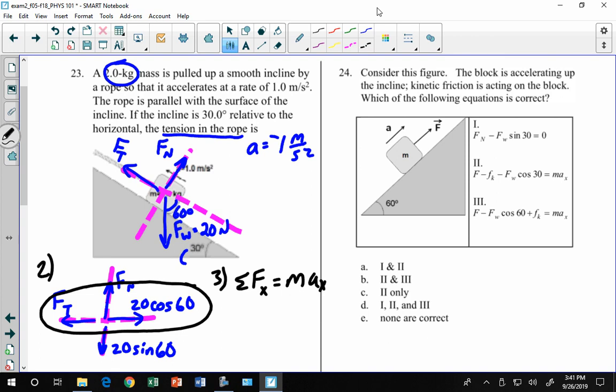The sum of the forces in the x is 20 cosine 60 minus Ft is equal to the mass, that's 2, times ax, which is -1. And then I solve that for Ft. 10 minus Ft equals -2.